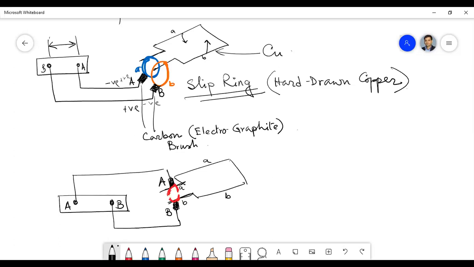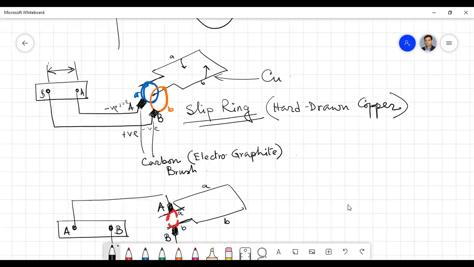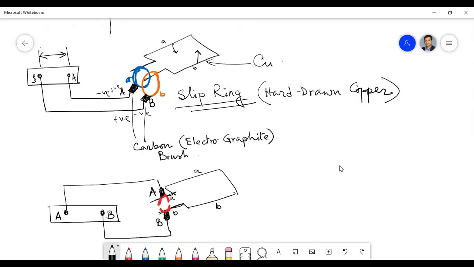Suppose in a similar way if we proceed, if we think of the first half, that is the positive half, where this A is positive and B is negative, what will be the polarity of small a and small b? These will also be positive and negative. And what will be the polarity of capital A and capital B in this way?